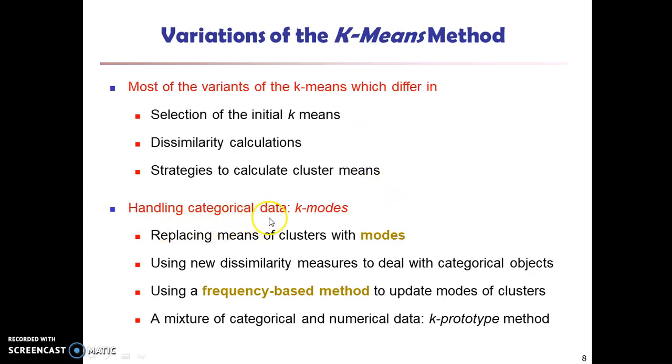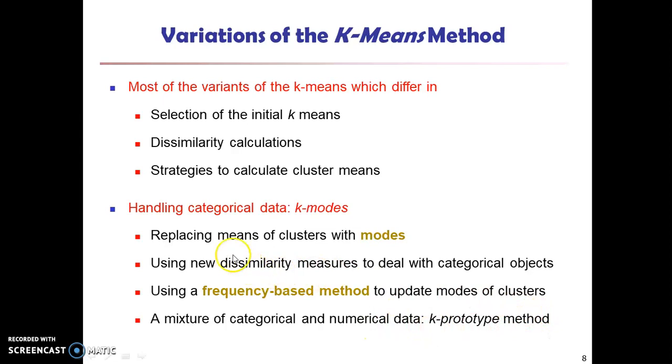Handling categorical data: K-modes. Here we replace the means of clusters with modes, then use new dissimilarity methods to deal with categorical objects, using a frequency-based method to update the modes of clusters. A mixture of categorical and numerical data is handled by the K-prototype method.